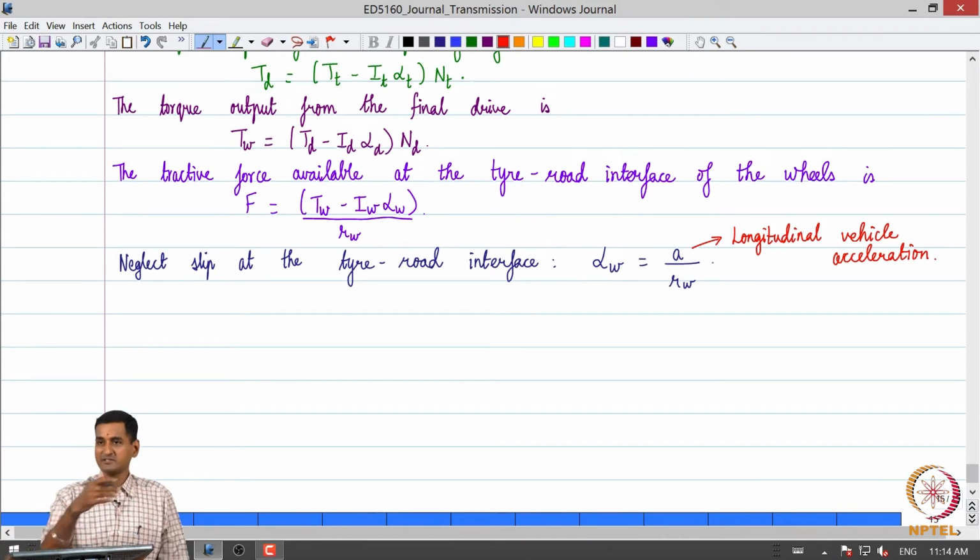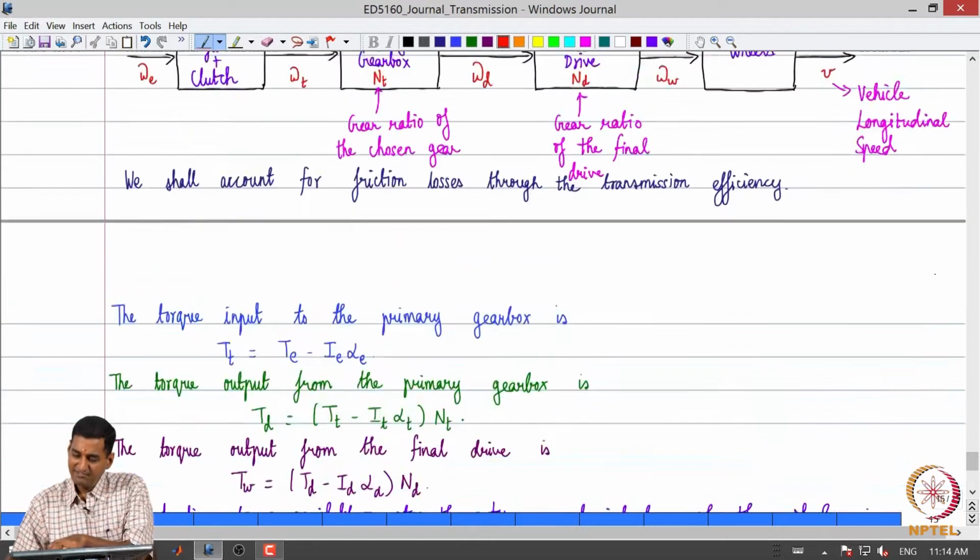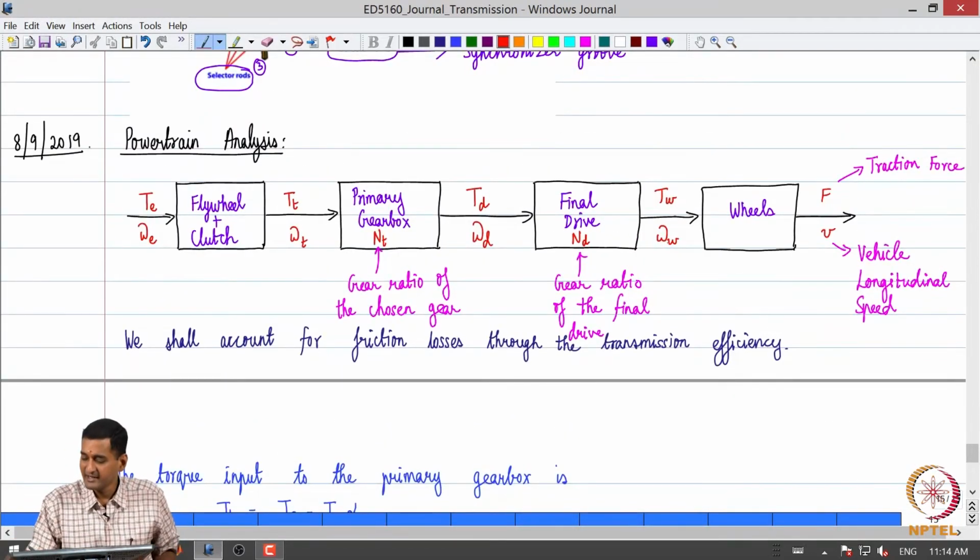Now, we go backwards, in the reverse sequence as far as the components are concerned. So, if alpha w is the angular acceleration of the wheels, which is at the output of the final drive, what do you think is going to be the angular acceleration at the input to the final drive? We essentially use the definition of gear ratio.